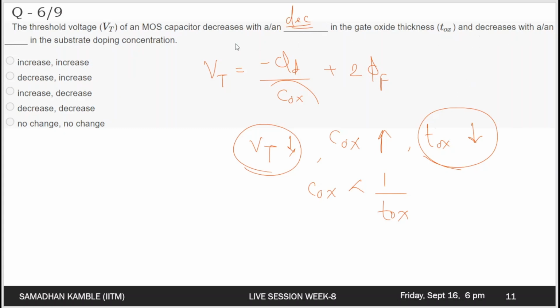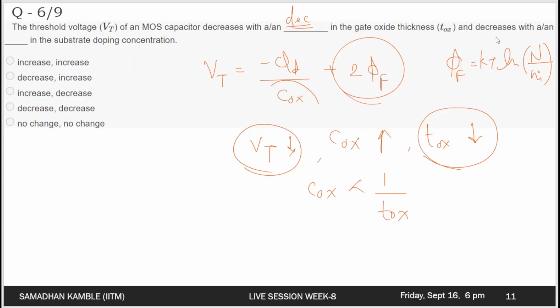Now about the substrate doping concentration. This particular thing matters in the parameter phi f, as we know that the phi f value is given by kT ln of N A or N D, whatever may be the type of the substrate, divided by the intrinsic concentration.